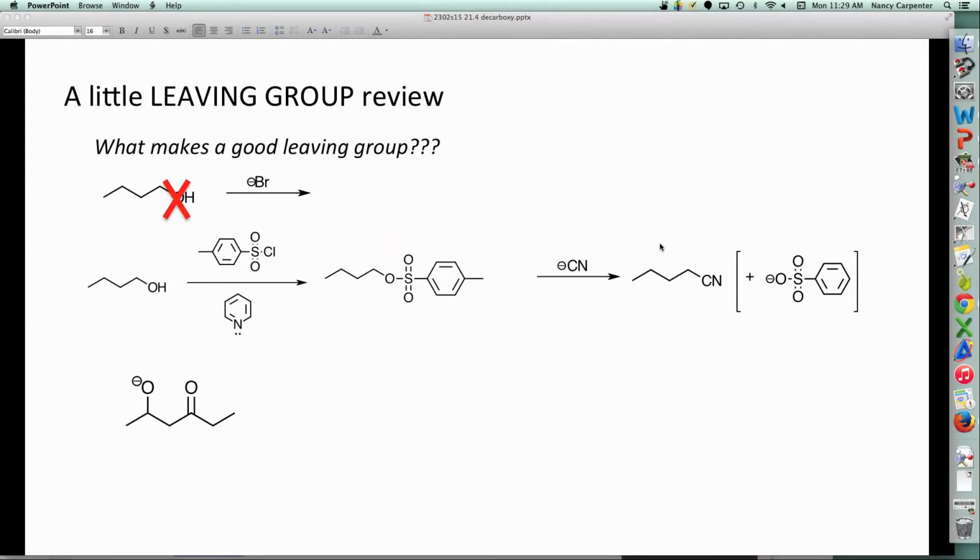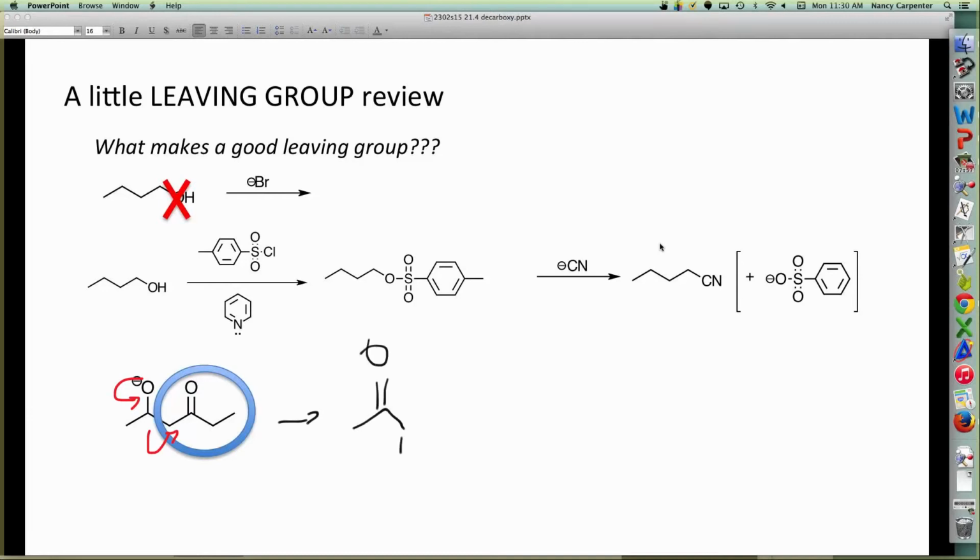So, what about this guy? You recognize this, I hope, as the product of an aldol reaction. And perhaps you remember, I hope, that aldols are in fact reversible. So, that's actually a good leaving group. Not the greatest by any stretch, but if I kick that down, I can kick out the enolate to remake the starting materials from my aldol reaction.